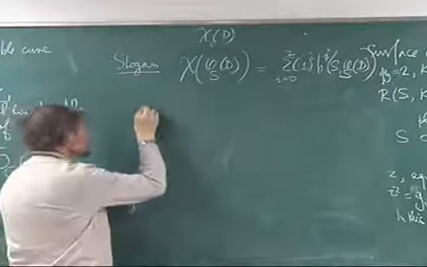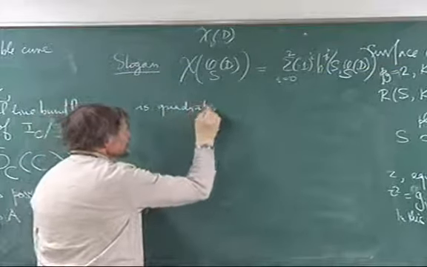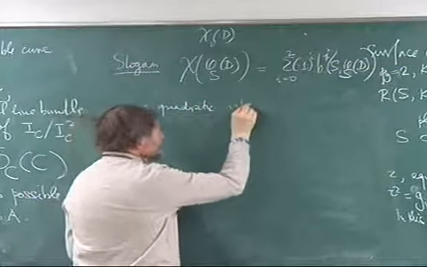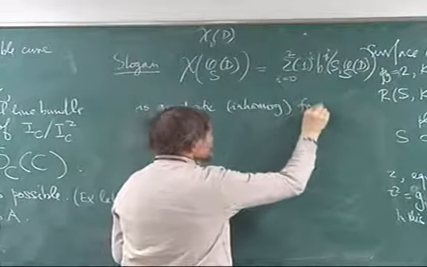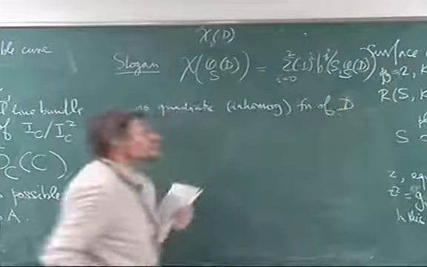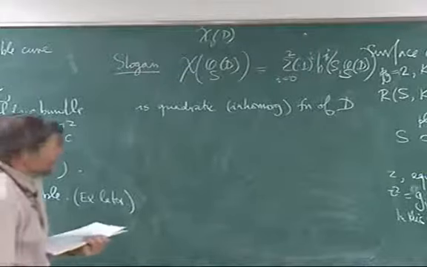It is a quadratic inhomogeneous function of D. When you know Riemann-Roch, then you know exactly what function it is.